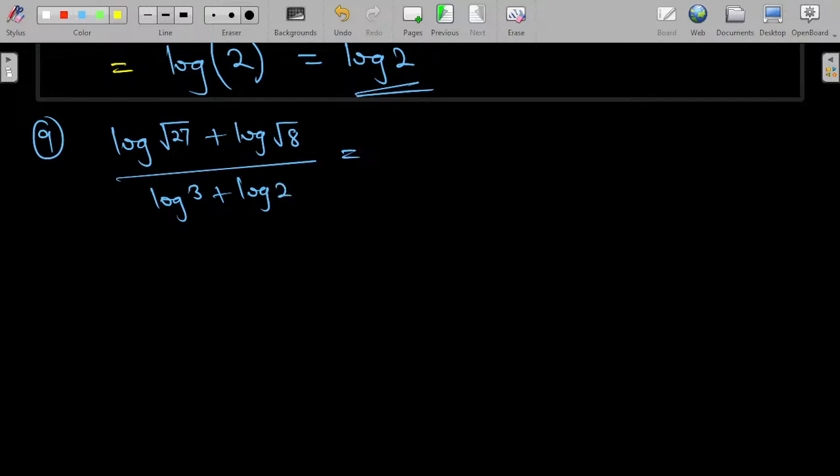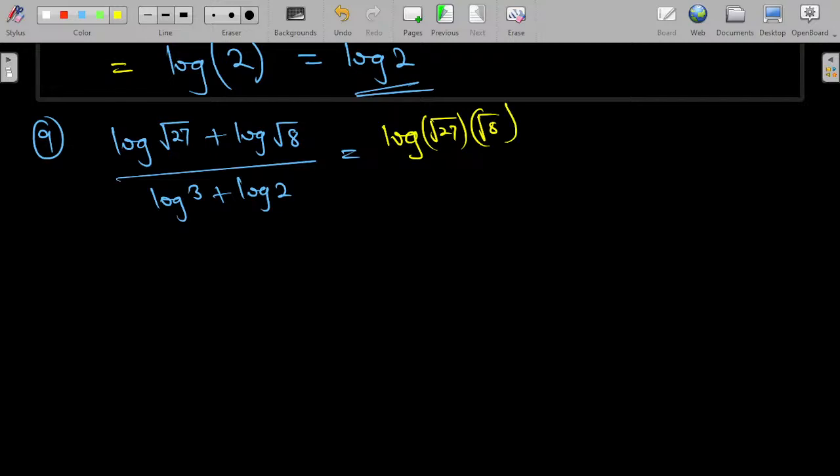We'll try to simplify using the rule. Remember, we just said now that addition will change to multiplication. So this is going to be the log of root 27 multiplied by root 8.